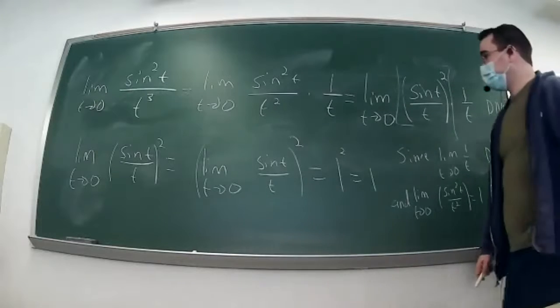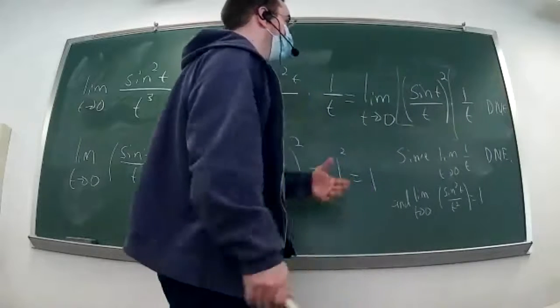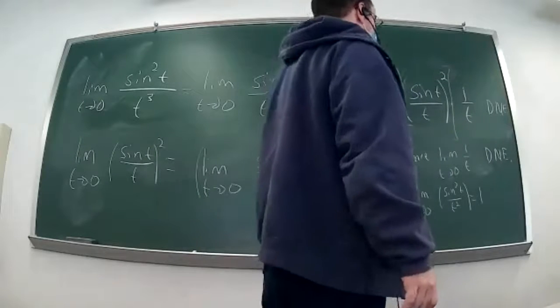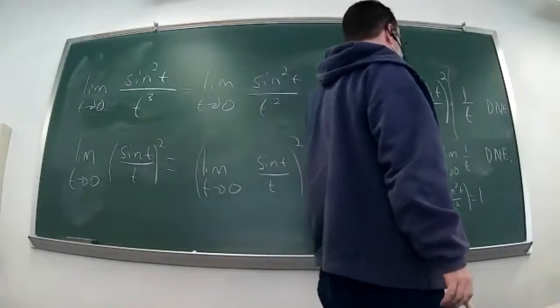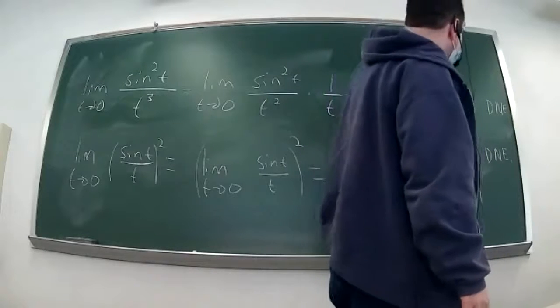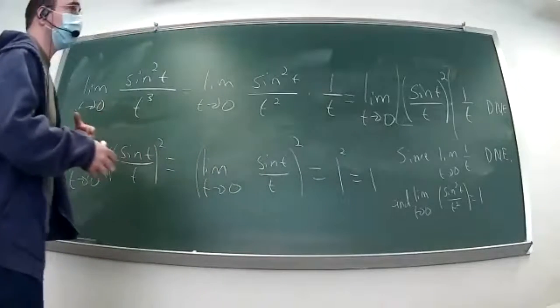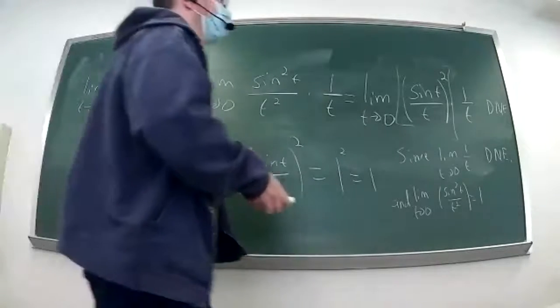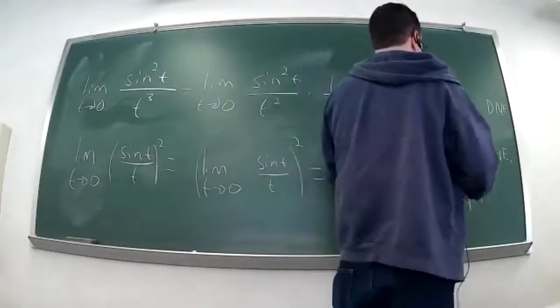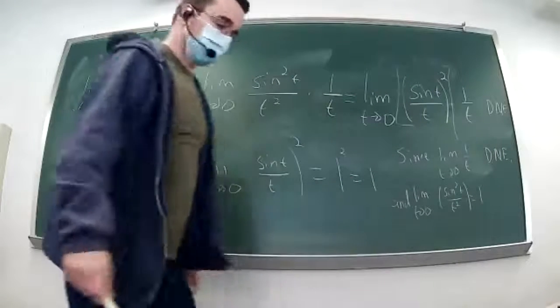And notice something I didn't do. I didn't apply a limit law here. I didn't assert that this limit, excuse me, was the limit of sine t over t squared times the limit of 1 over t. I didn't assert that because you can't use the product limit law when one of the factors doesn't exist.